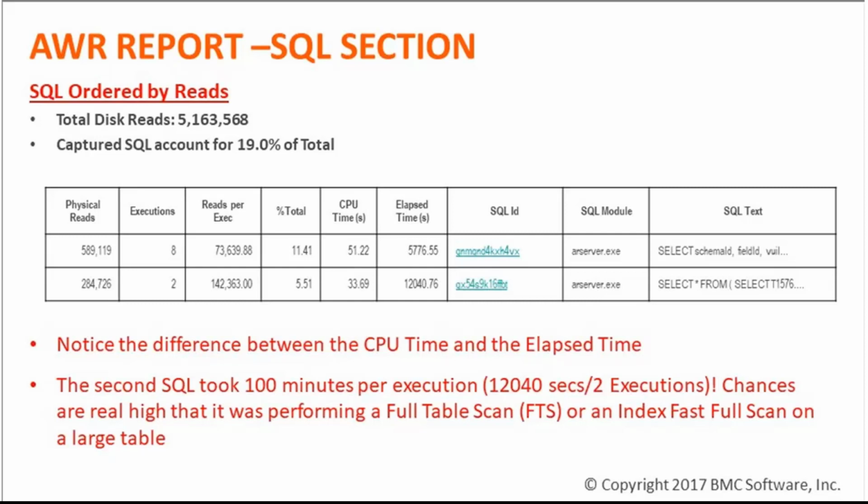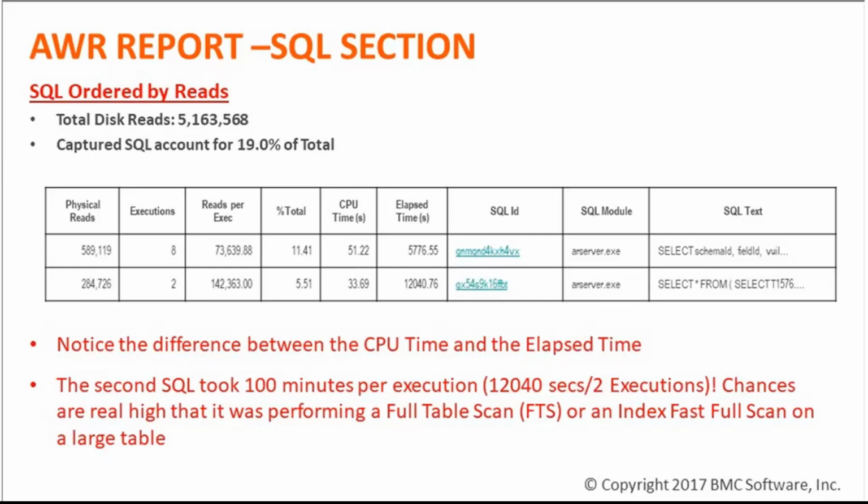And what's important here is those 2 columns, the CPU time and the elapsed time. The CPU time in this case was 51 seconds, and that's the total CPU time for those 8 executions, so about 6.5 seconds was on the CPU. But the elapsed time was 5,776 seconds. If you divide that by 8, you get the time it spent pretty much on each execution.